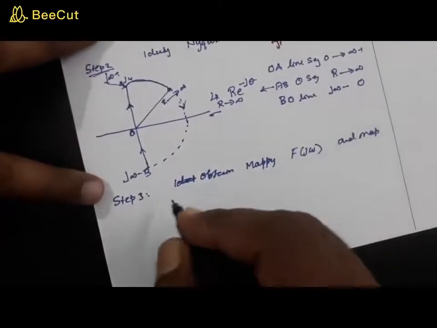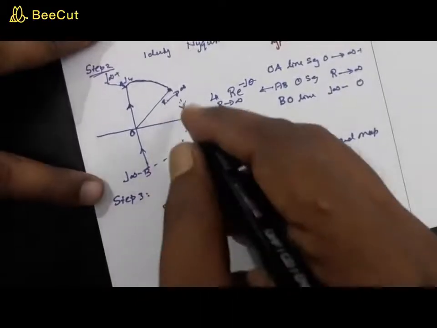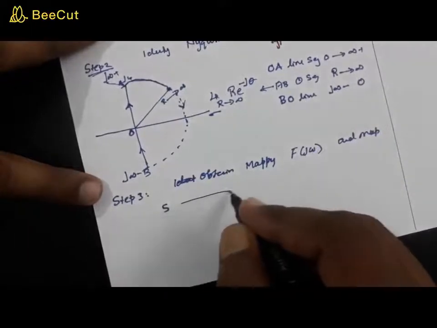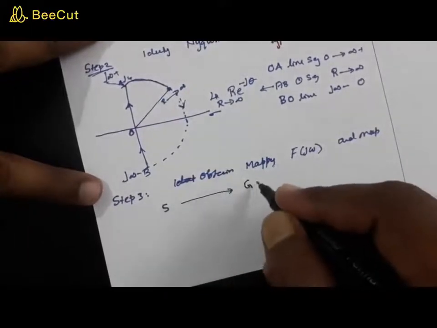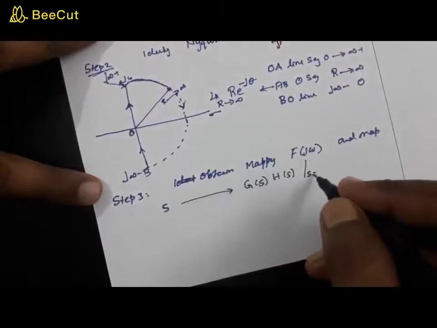For obtaining the mapping, you need to convert this s contour, or the Nyquist contour, into the function g of s h of s at s equal to j omega.